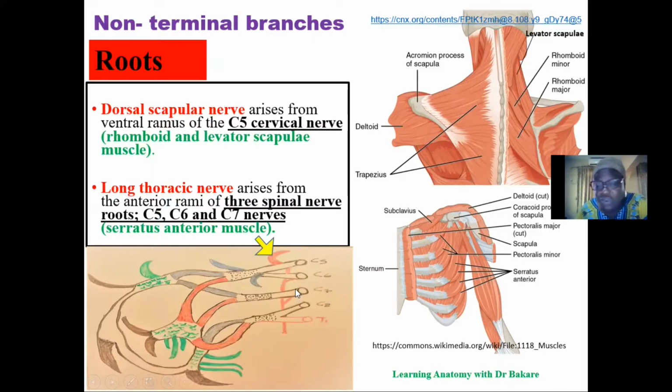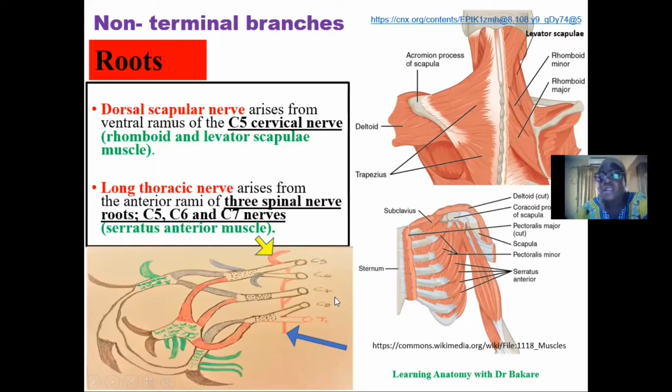The long thoracic nerve runs down along the thoracic region to supply the serratus anterior muscle. The serratus anterior muscle is seen to run superior laterally on the 1st to the 8th or 9th ribs in the anterior part of the ribs. And this is the long thoracic nerve that emerges from the anterior rami of the C5, C6, and C7 cervical spinal nerves.